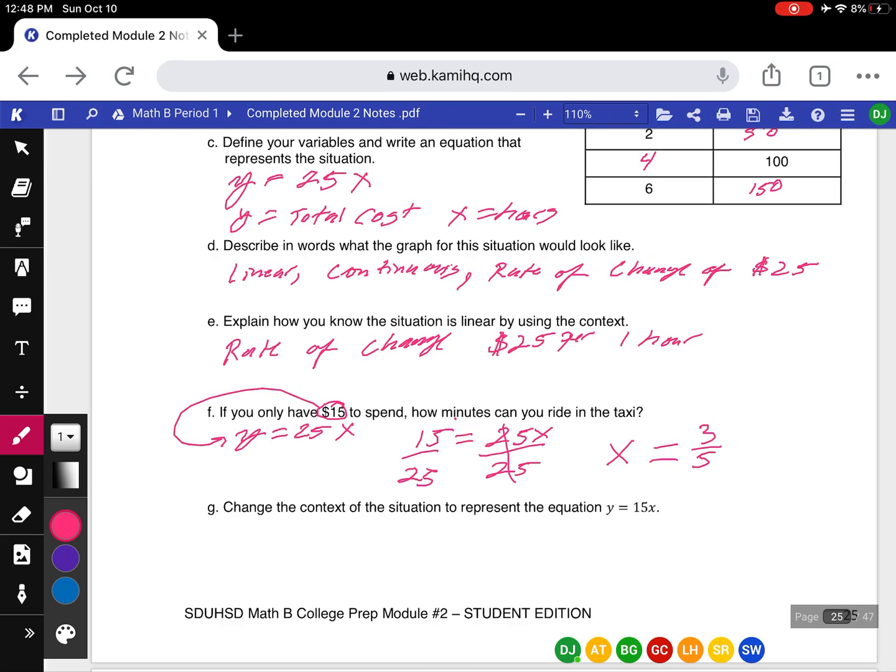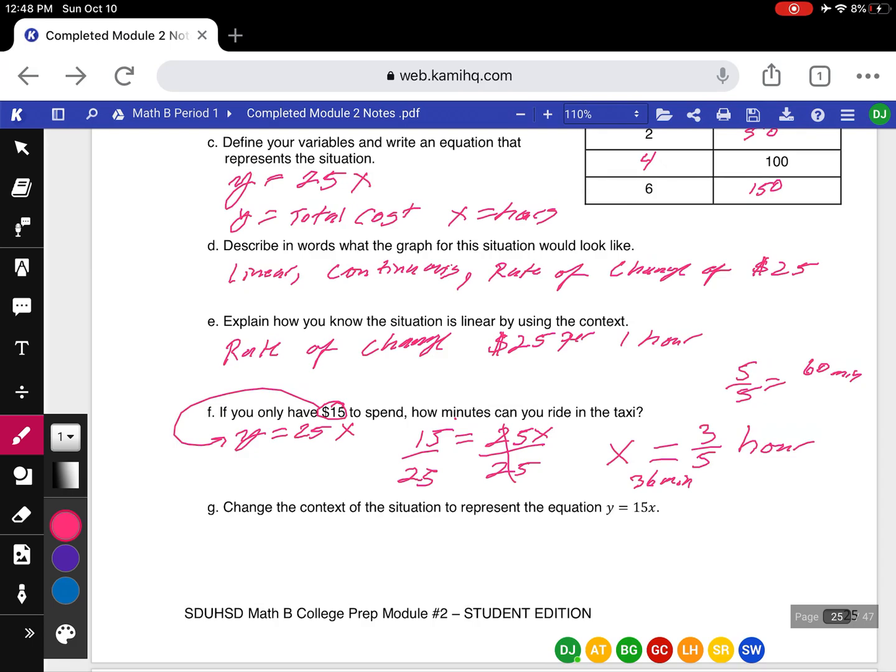Okay? Now it asks for minutes, but we're going to leave it in terms of hours. So 3/5 of an hour. And if you'd like to know how many minutes that is, well, if 5/5 is an hour, or 60 minutes, that means 1/5 of an hour is 12 minutes. So if 3/5 of an hour is how long we're staying, you'd be staying for 36 minutes.